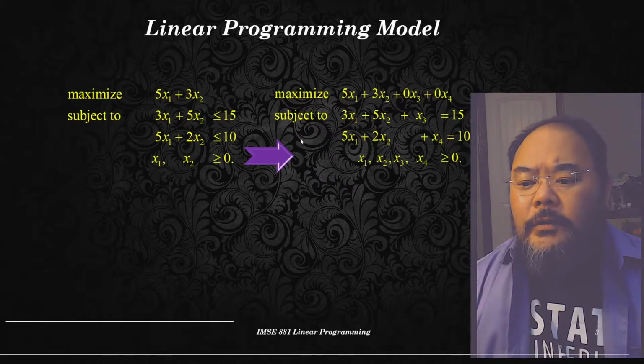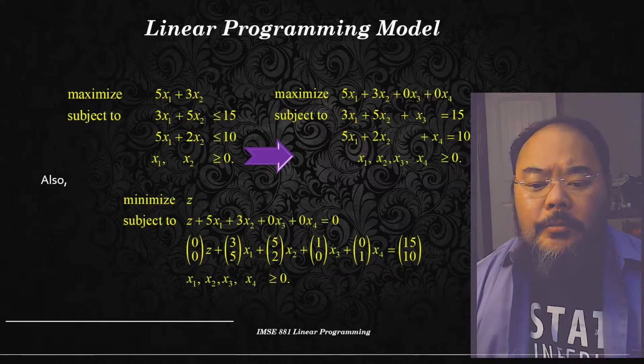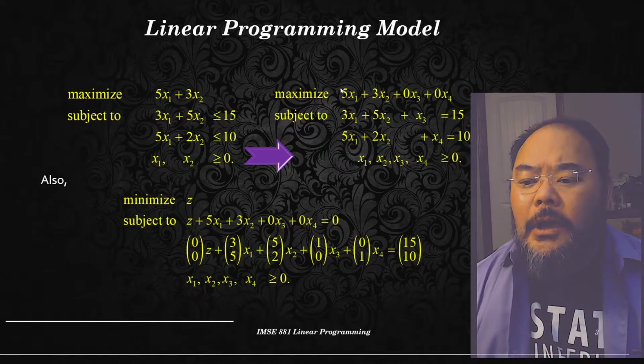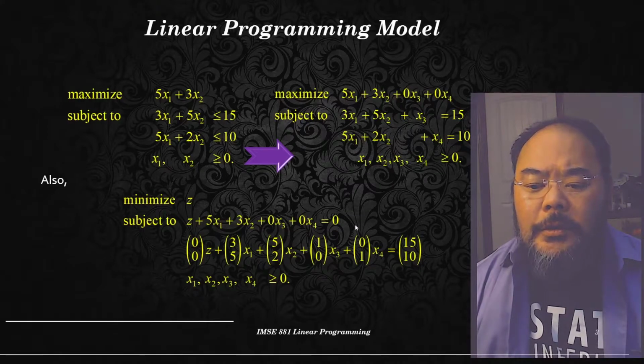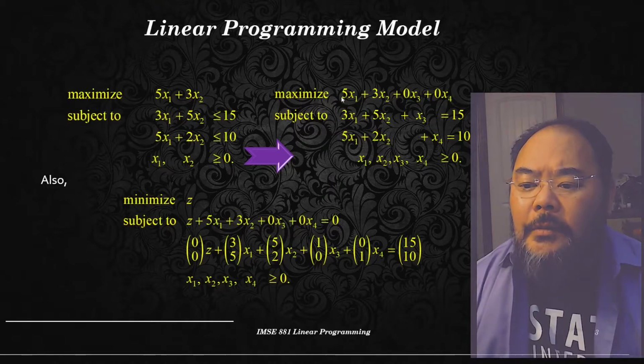In order to convert this into a standard linear programming format, we need to convert it into a minimization problem. So we're going to minimize z, where z plus the original objective function equals 0. So z takes the negative value of the original objective function value.